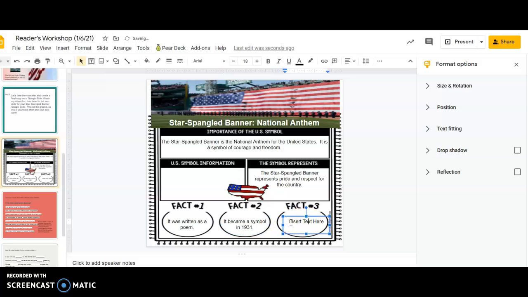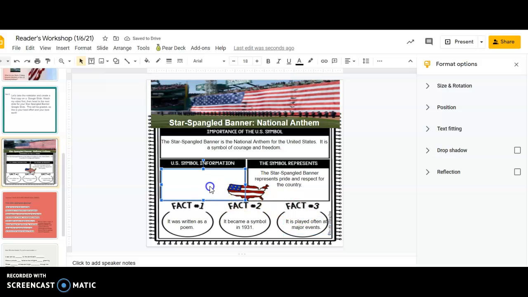And I need a third fact. For my third fact, it is played often at major events.